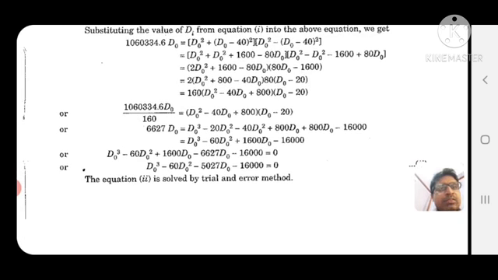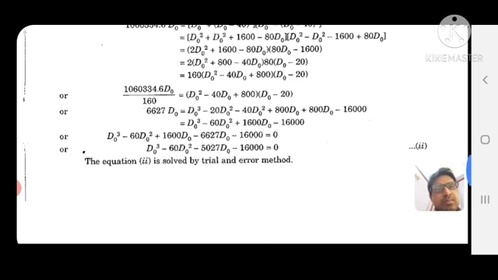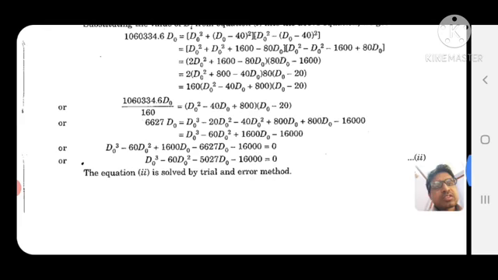So 6627 d0 equal to d0 cube minus 20 d0 square minus 40 d0 square plus 800 d0 plus 800 d0 minus 1600. So d0 cube minus 60 d0 square minus 5027 d0 minus 16000.